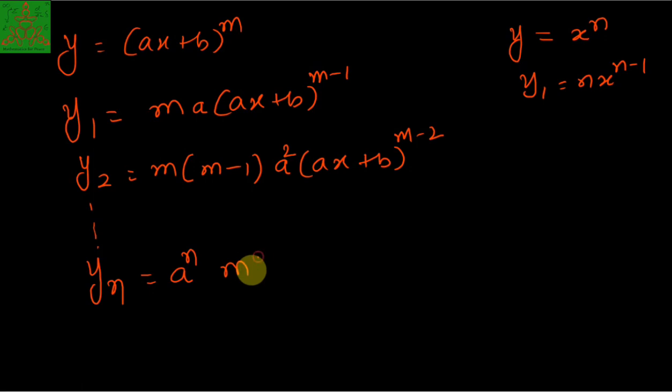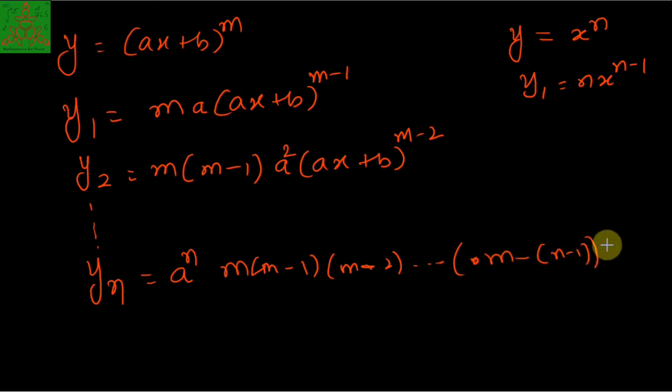Then it is m minus 1, m minus 2 up to m minus n plus 1 should come, into ax plus b power m minus n. For the first derivative the power reduces by 1, for the second by 2, so for the nth derivative it should be m minus n, where m is considered to be any real number.